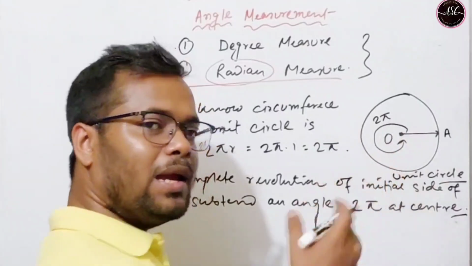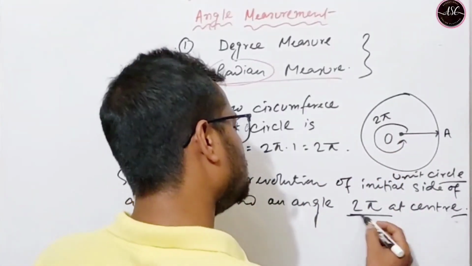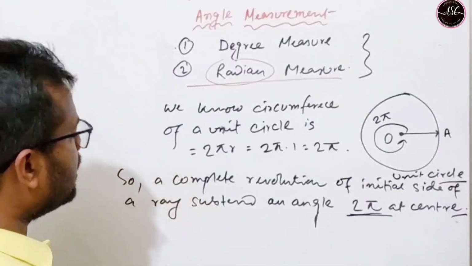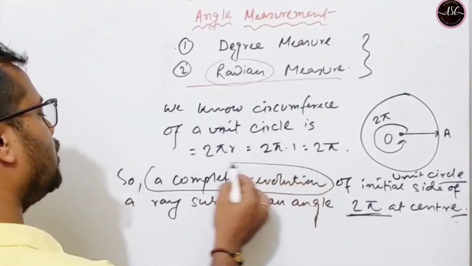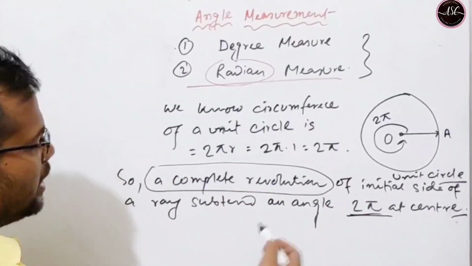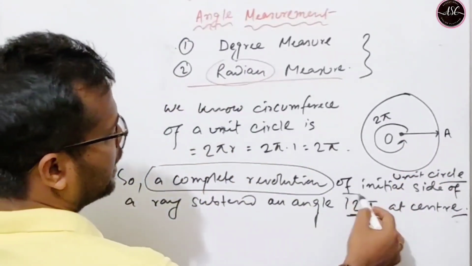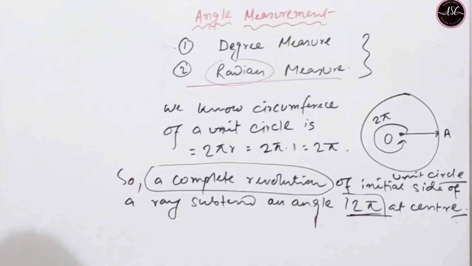We have seen in degree measure this value was 360 degrees. So here a complete revolution of the initial side of a ray subtends an angle at the center of 2 pi radian. This should be remembered.